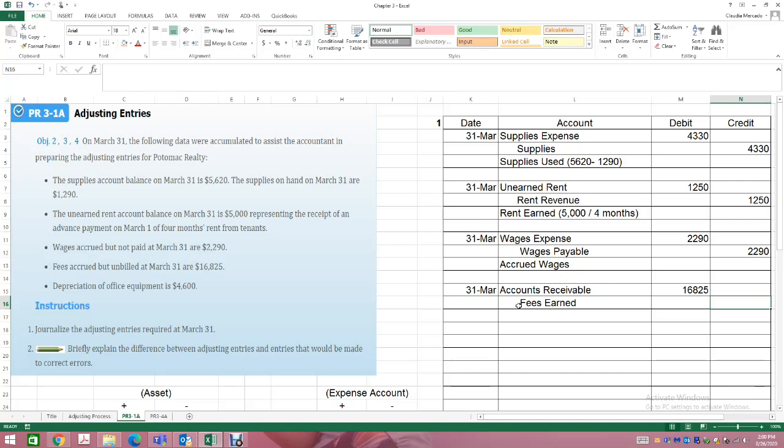But I'm still going to record my fees earned this month because this is the month where I earned the fees. So the amount is $16,825. Remember, debits must equal credits. So it's going to be accrued fees earned.